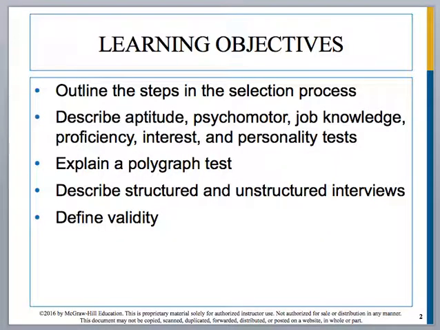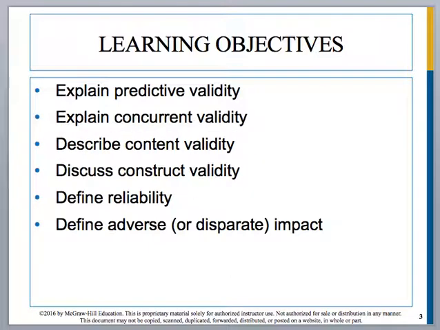Some of the things that you should be able to learn, that you should grasp, and be able to speak intelligently about after reading Chapter 7 is your ability to outline the steps in the process of selection, describing aptitude, psychometer, job knowledge, proficiency, interest, and personality test, explaining a polygraph test, and describing structured and unstructured interviews, and defining validity.